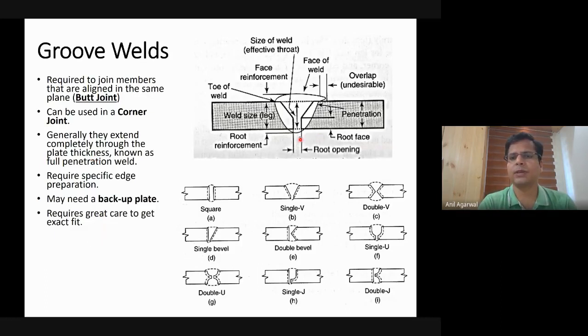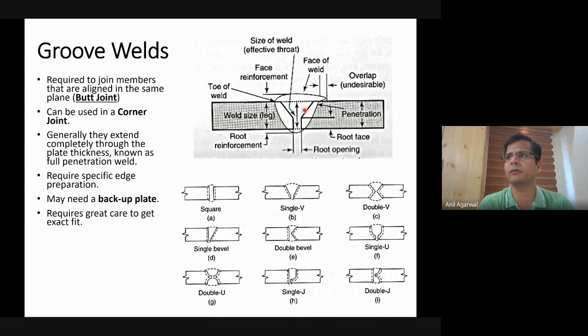What does a full penetration groove weld mean? It means that you weld from this side and achieve the full penetration, or otherwise you weld from this side and also from this side, so that the entire thickness of the plate is welded. There are also partial penetration groove welds, but they are not usually recommended.